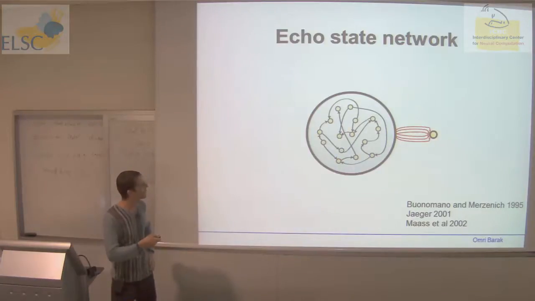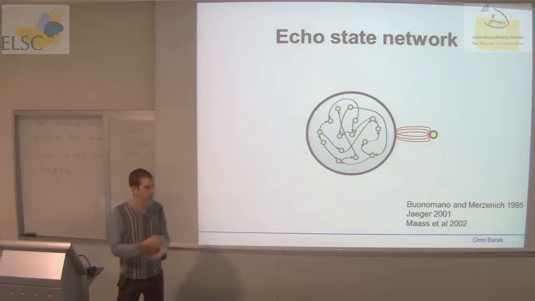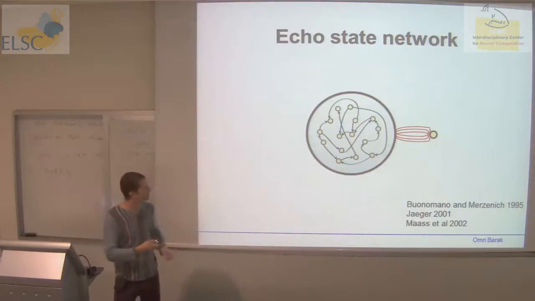In this framework, there is a network of neurons that are randomly connected. And random here means without any relation to the task at hand. So the connectivity here is not tuned in any manner to the task. And then there is a readout that tries to extract the information from this network.